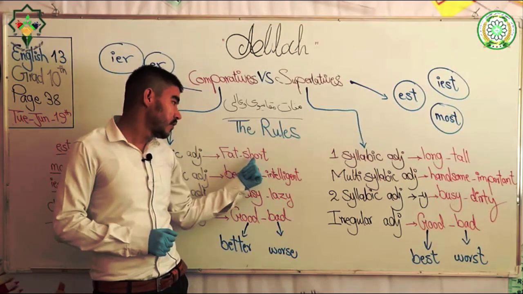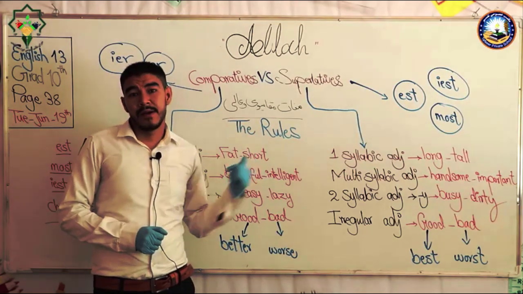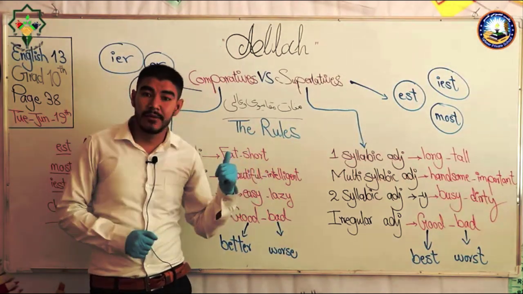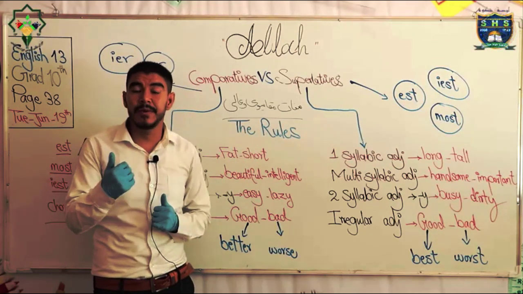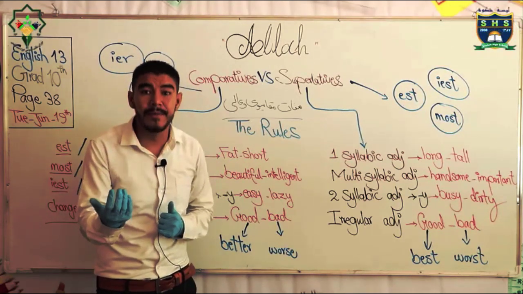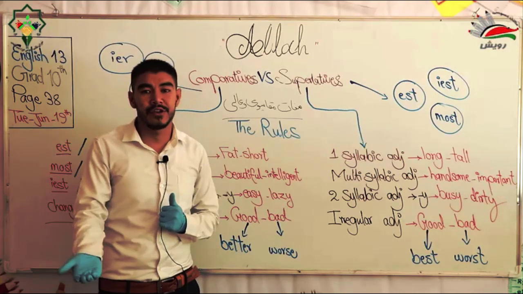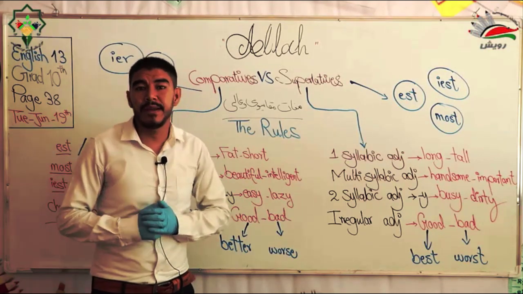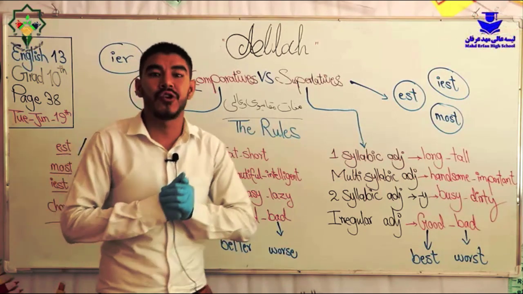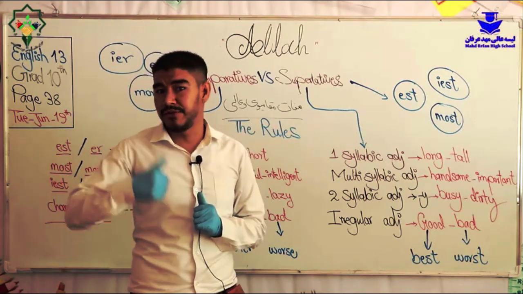For example, short. خب این صفت ها دارای یک سیلابل یا یک هجا هستند. از کجا میفهمیم؟ وقتی که ما بخوایم این صفت ها را بخش بسازیم، بعد میفهمیم که صفت دارای چند هجا می باشد. Okay, for example, you will pronounce the fat and short with a good correct syllable.